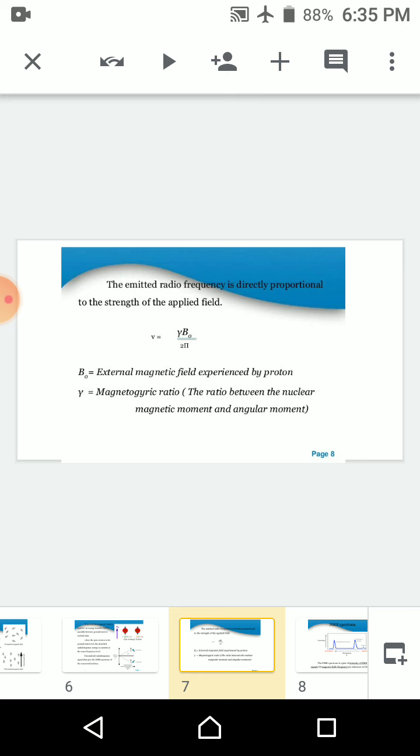So we can say nu is equal to gamma B naught upon 2 pi, where B naught is the external magnetic field experienced by the proton, and gamma is the magnetogyric ratio. What is this magnetogyric ratio? It is the ratio between the nuclear magnetic moment and the angular momentum.